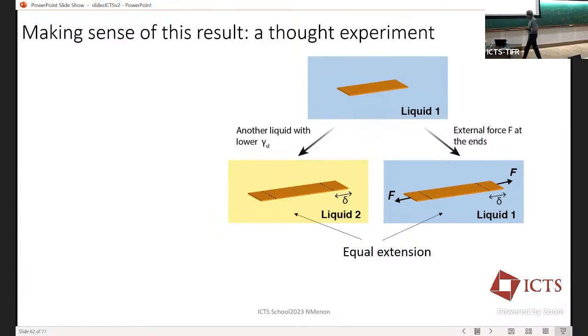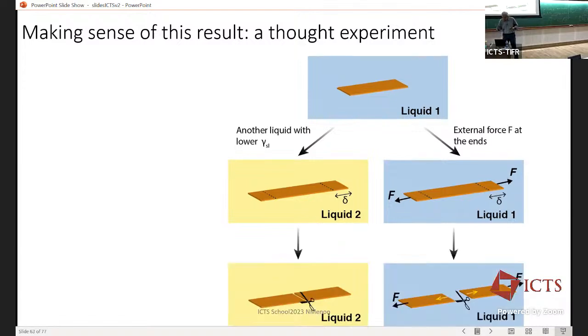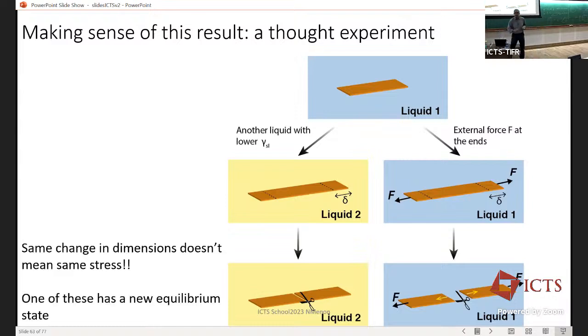And a simple qualitative way to say it is, push it with your finger or cut it with scissors. This guy will fly apart. This guy is perfectly happy sitting there. So what I'm trying to get at is the following. Change in dimensions can happen. For those things, the solid vapor, solid liquid energies are important, but they don't amount to stress.